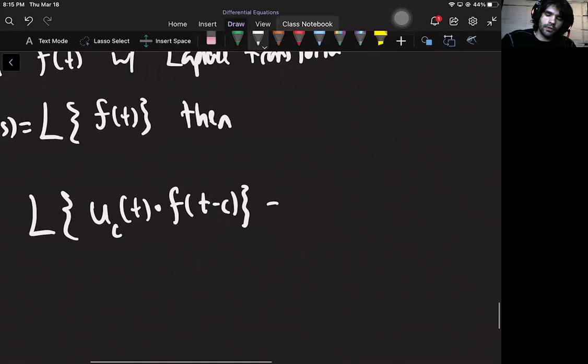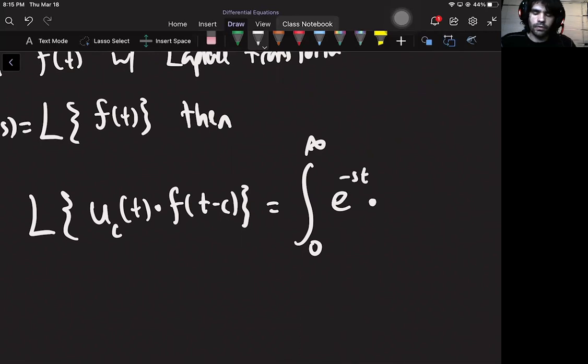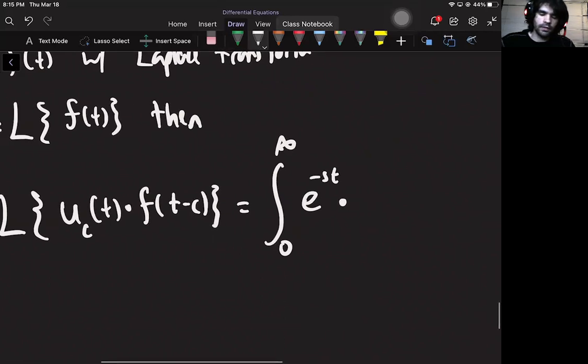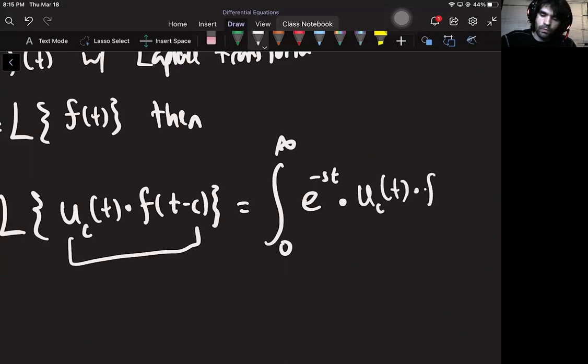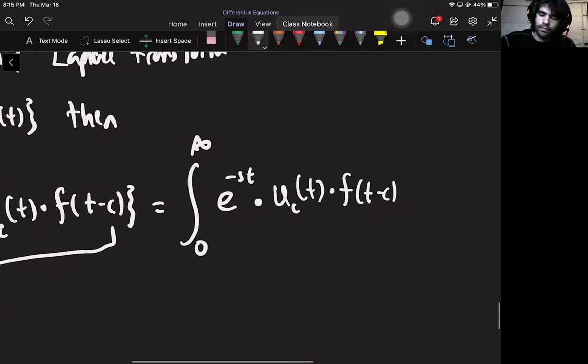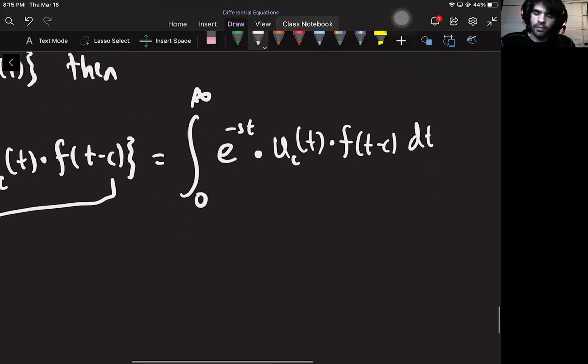So we'll use the definition. The definition of the Laplace transform is you just take this thing and you stick it in this integral. And then you see what happens.